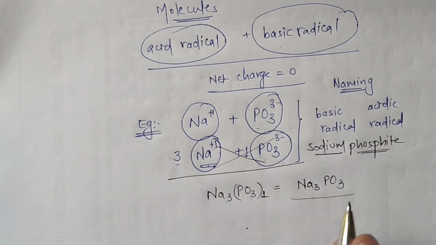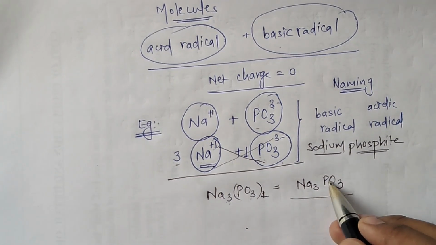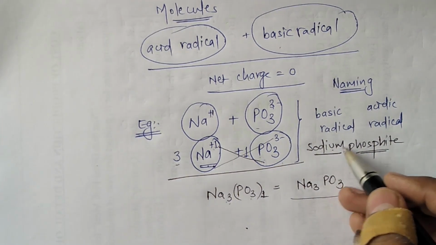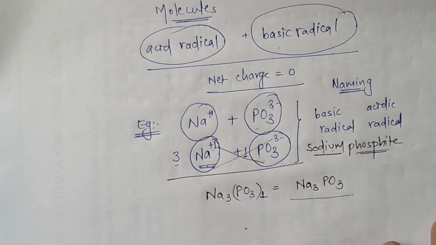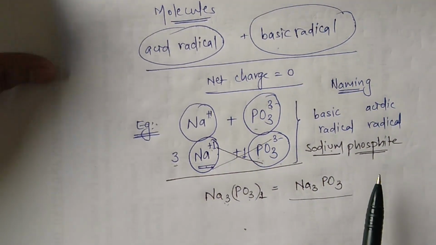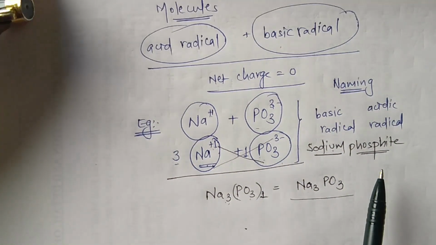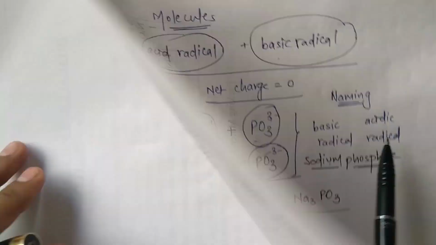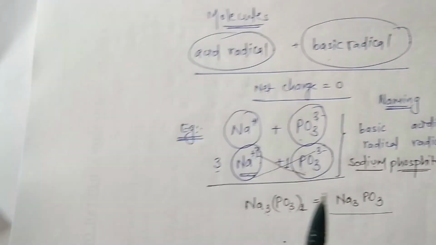This is the formula, sodium phosphite. Now we will have another task: to calculate the molecular weight and percentage composition of Na3PO3.